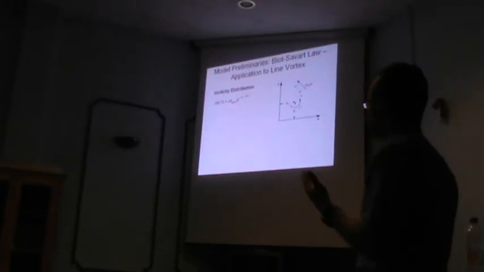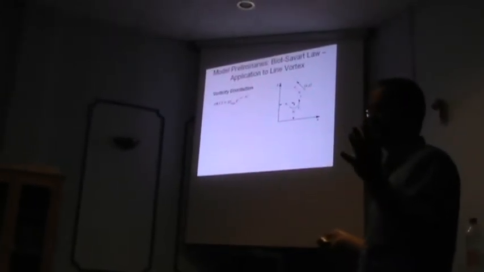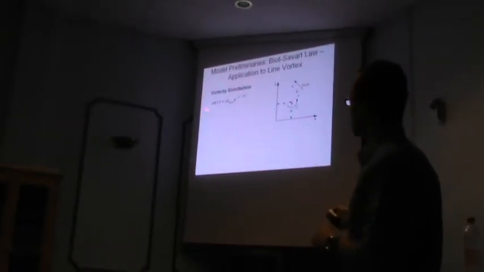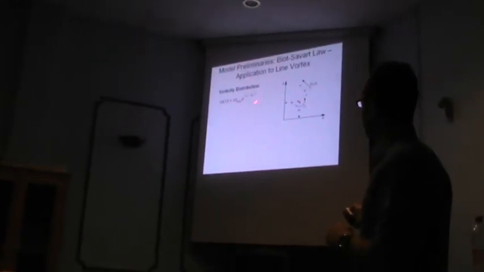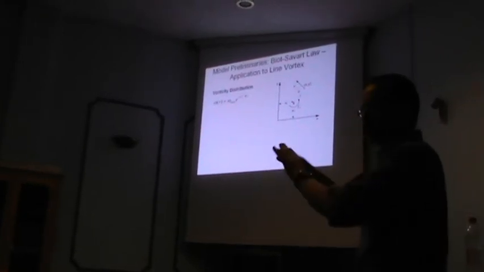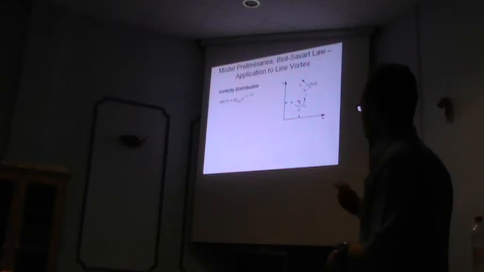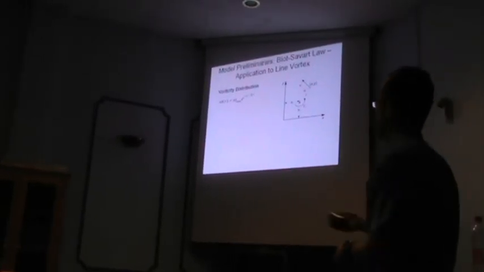Now, there are different kinds of vorticity distributions that you can use. You can use a solid body rotation type vorticity distribution, etc. Now, we chose to use this Gaussian distribution where the vorticity is maximum at the center and decays as you move out in the known bell shape, where in this case, this big R is a measure of the radius or the size of the actual core of the vortex.